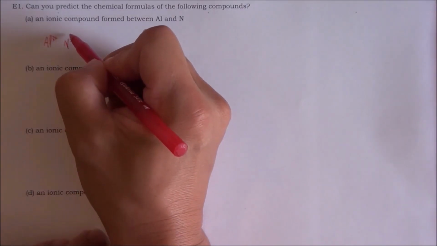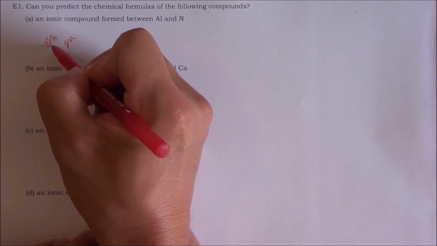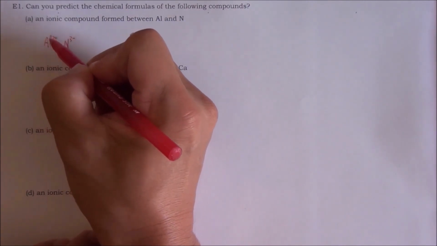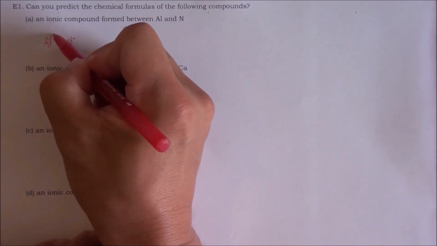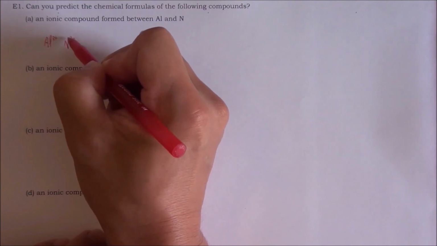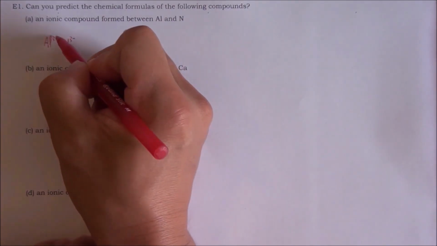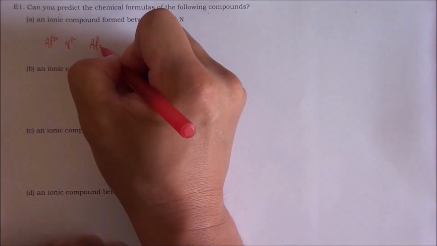What I mean is we will place this number, which belongs to nitrogen, at the bottom right corner of aluminum. And we need to place the number here, which belongs to aluminum, at the bottom right corner of nitrogen. Remember, only write down the numbers. Do not copy down the signs.